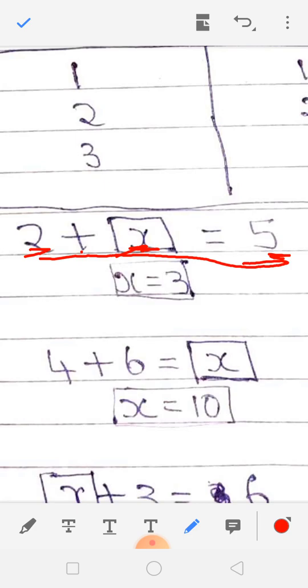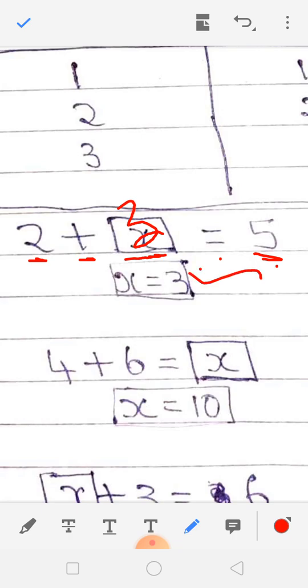Any number you add to 2, the answer should be 5. So the x value is 3. If I put 3 in the place of x, 2 plus 3, the answer is equal to 5. So the x value we found is 3.